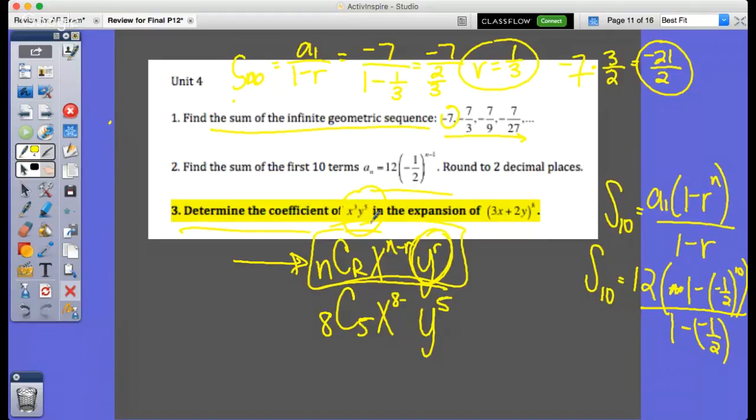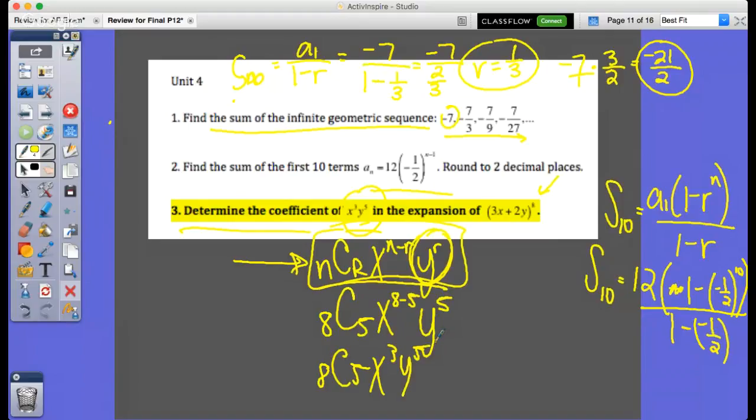So that's why we plug in 5 for r, and n is always the highest exponent. In this case, it's 8. So we have 8C5, x to the 8 minus 5, because 5 was r, and y to the 5th. Really what we have simplified is 8C5, x to the 3rd, and y to the 5th.